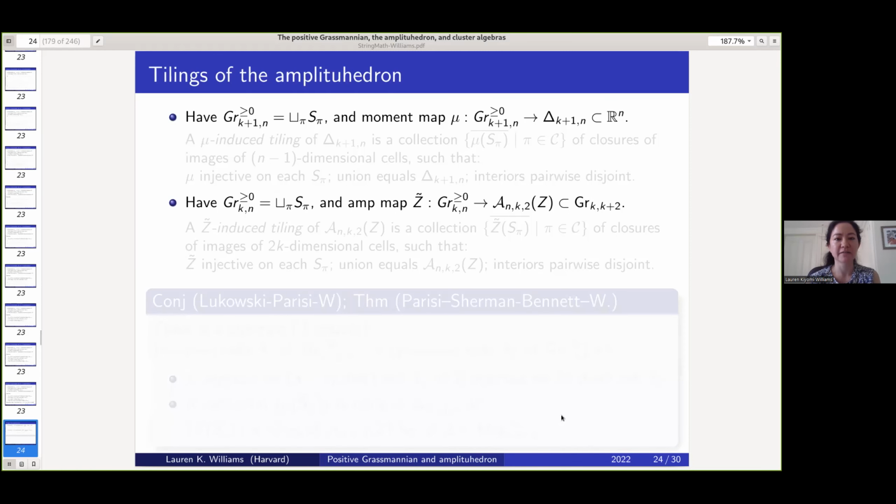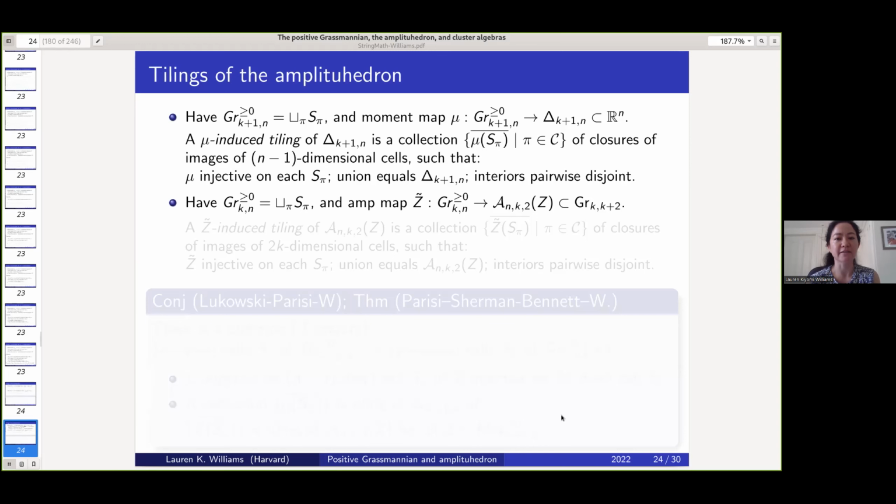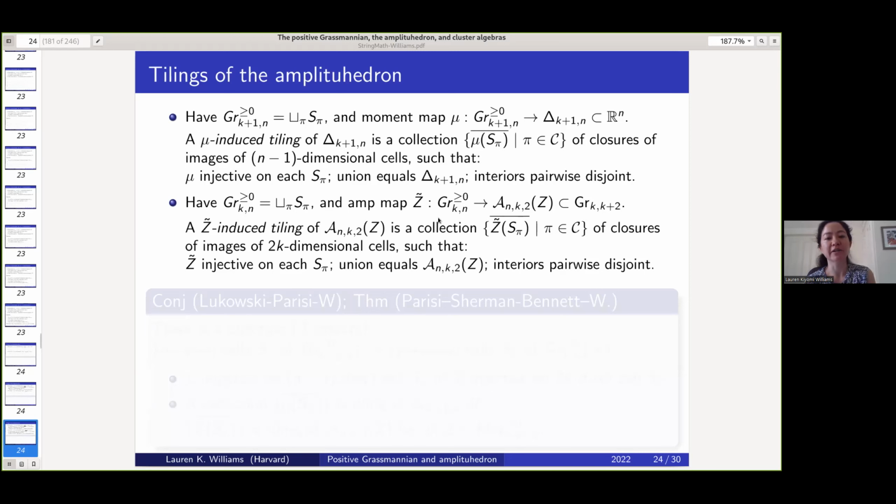This is just a careful definition of my tilings on both sides. On the hypersimplex side, my tilings consist of moment map images of positroid cells. On the amplituhedron side, we're looking at Z tilde images of positroid cells. On both sides, we're cutting them up into pieces, into disjoint unions of tiles.